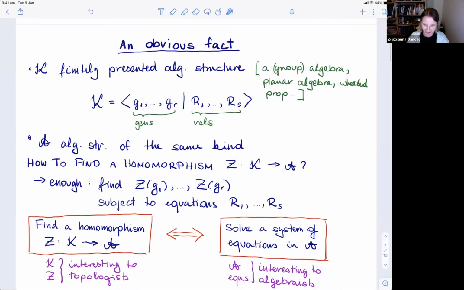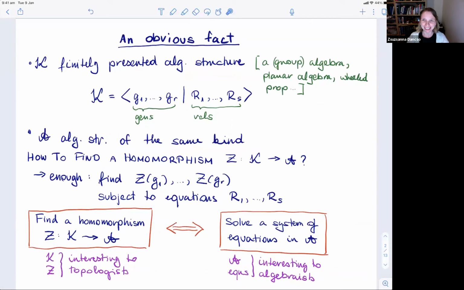What I'd like to start with is an obvious fact that you would have learned in your first abstract algebra course in your first year of university, or maybe if you went to high school in Russia, then your first year of high school, maybe in China as well. And it's the following. If you take a finitely presented algebraic structure, so this could be a group algebra, planar algebra, a wheeled prop.